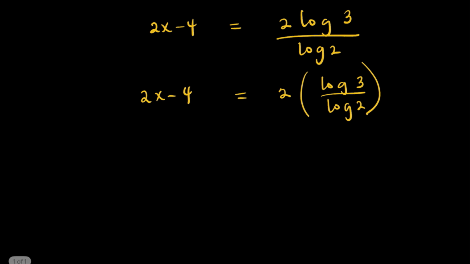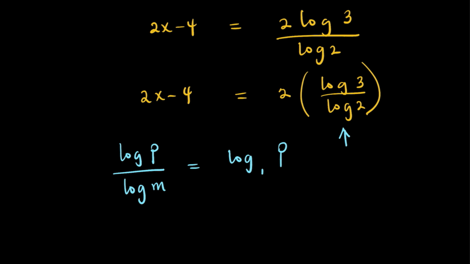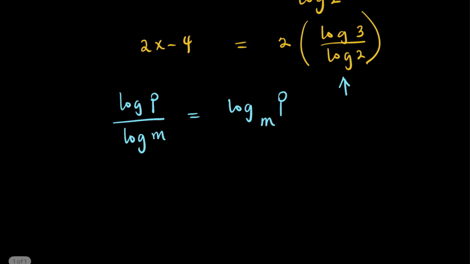This is so that we can see log 3 divided by log 2 separately, which is of the form log p divided by log m. And by law of logarithm, this will give us log p base m. And our equation becomes 2x minus 4 is equal to 2 times, this will now be log 3 base 2.